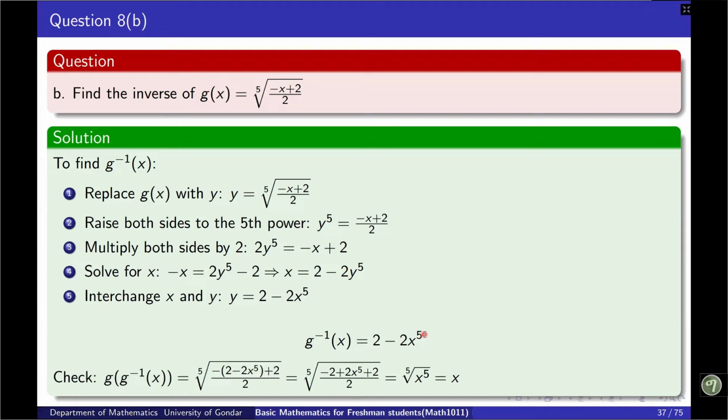If you need to check, g of g inverse of x must be x, which is equal to the fifth root of 2 minus 2x to the power of 5, minus... plus 2 over 2.